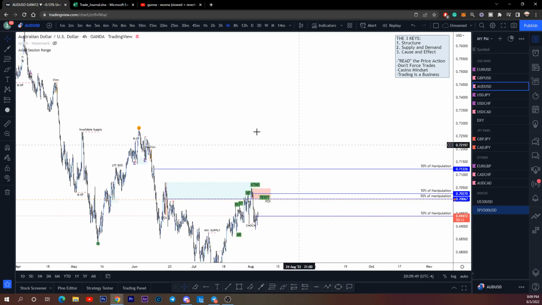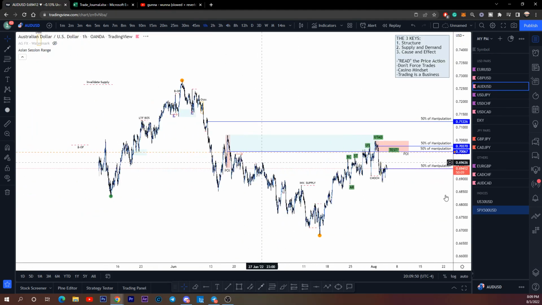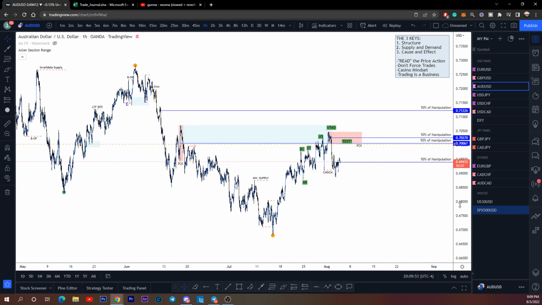Now, if we go to the lower time frame, we have something called order flow. Now, order flow can be very difficult, okay? Because we have multiple layers of order flow. So when we talk about this first key, structure, this is the first most important thing in the blueprint: learning structure. You're going to have to learn multi-time frame structure, not just any structure, guys, multi-time frame structure.